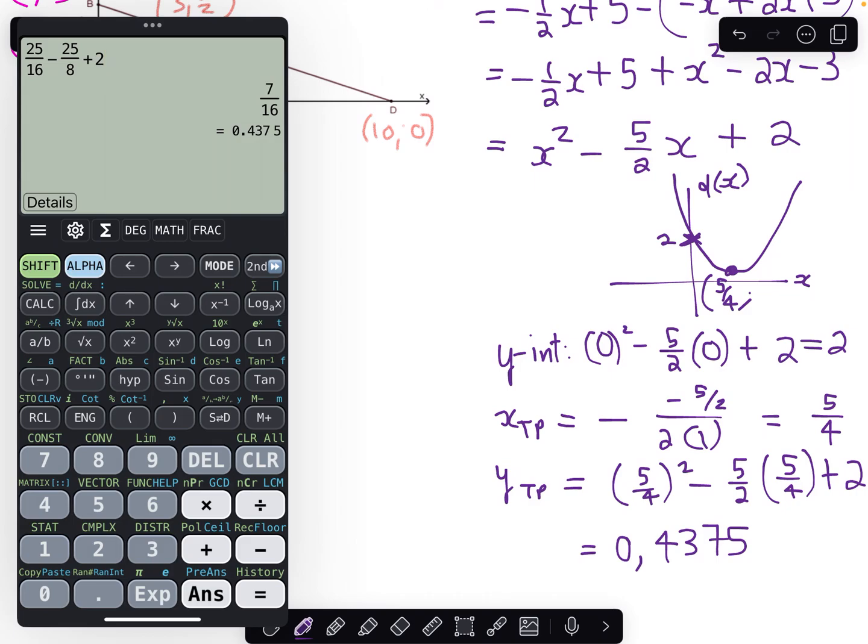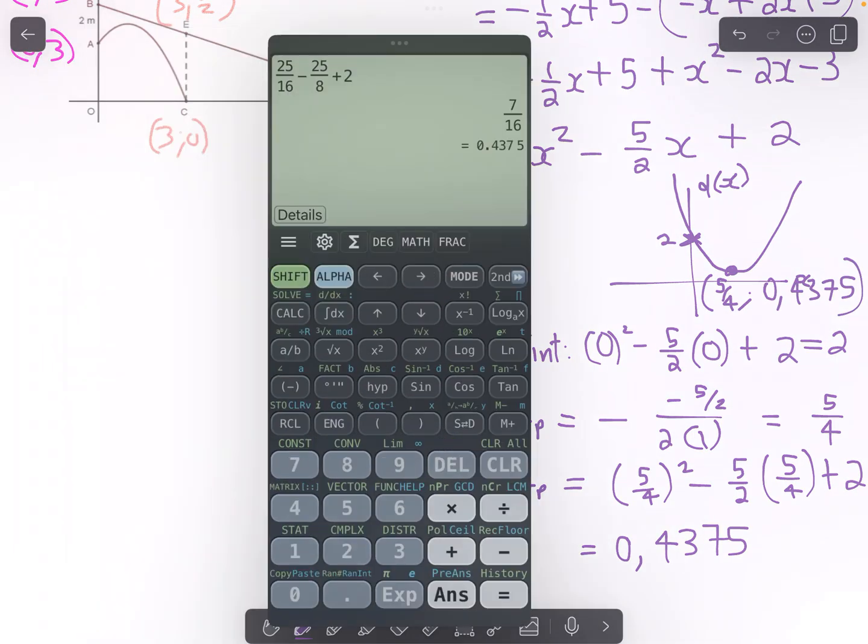G and F are going to be the closest possible, right? This is where there's the smallest distance between them, the minimum distance between them, and that distance is 0.4375 meters.